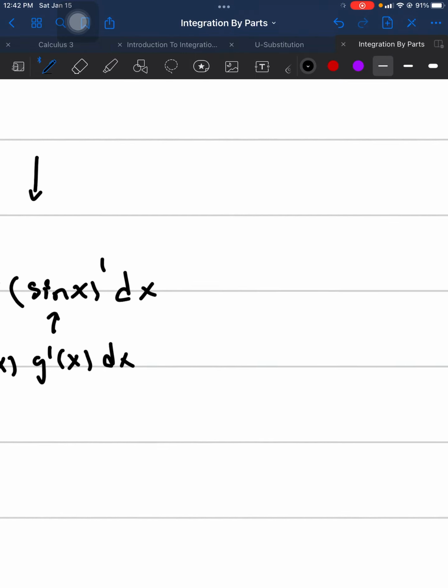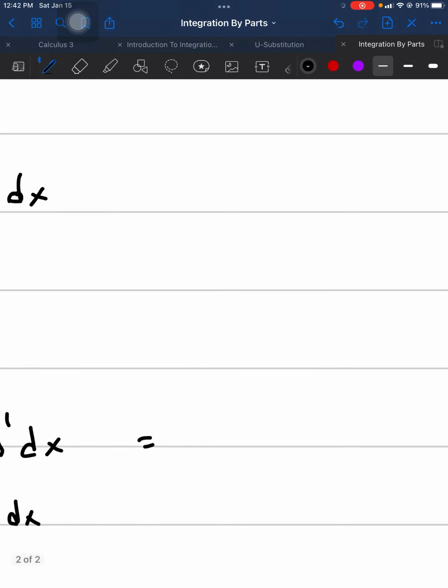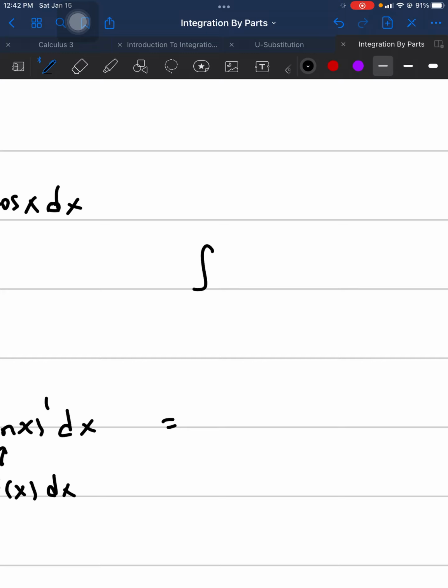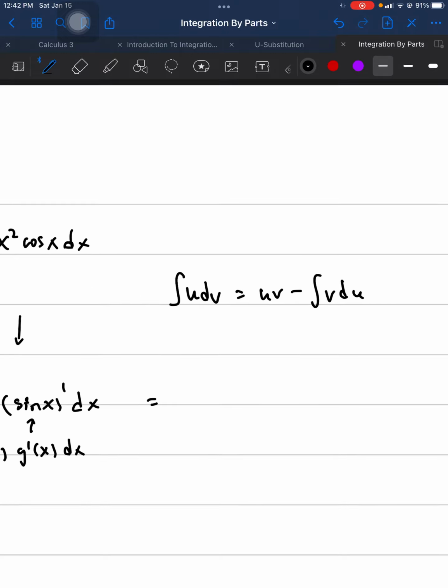Now that we have that, we can use the formula. The formula is basically the integral of u dv equals u times v minus the integral of v du.